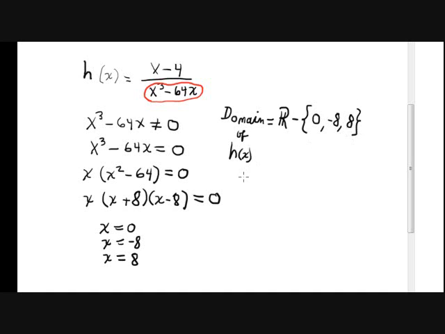Or another way to express this answer in set builder notation is x such that x must be different to 0, x must be different to -8, x must be different to +8. And the order is not important. The order doesn't matter. In the handout this corresponds with option D.